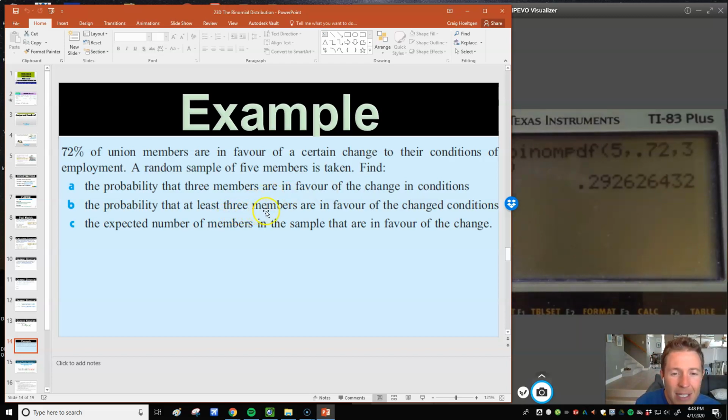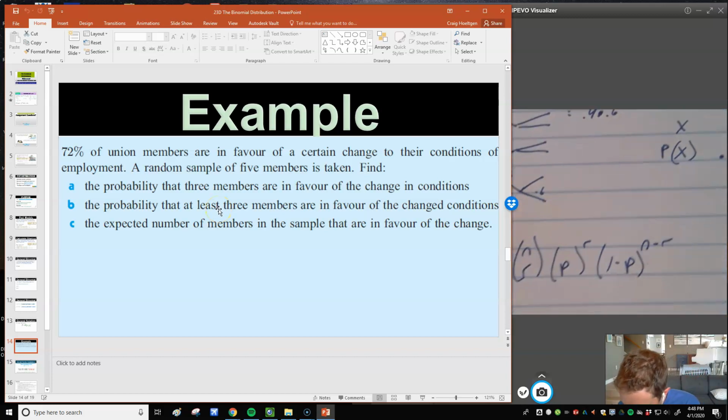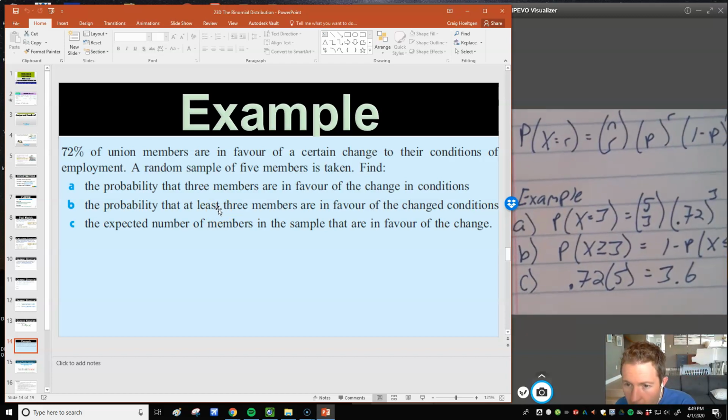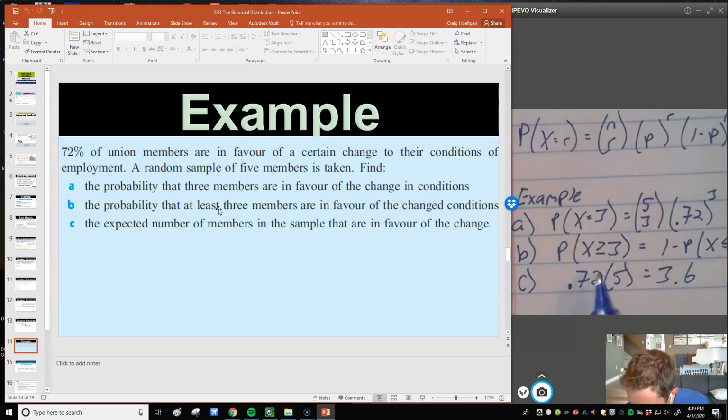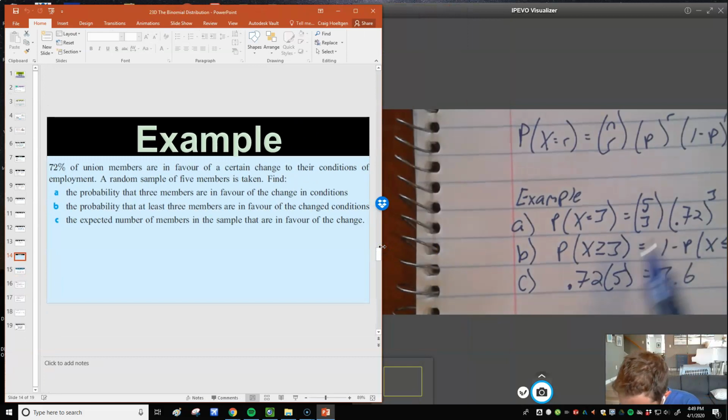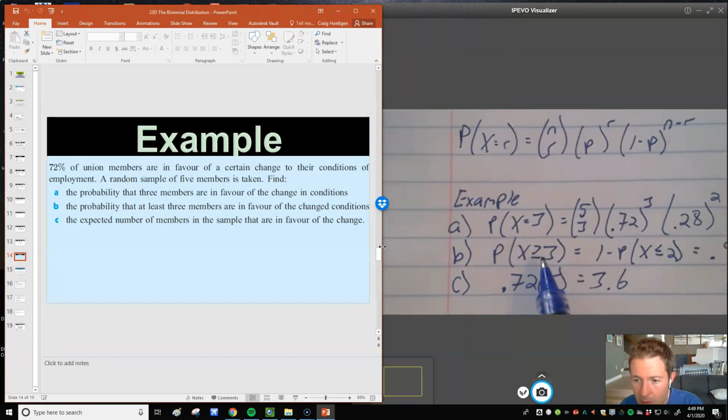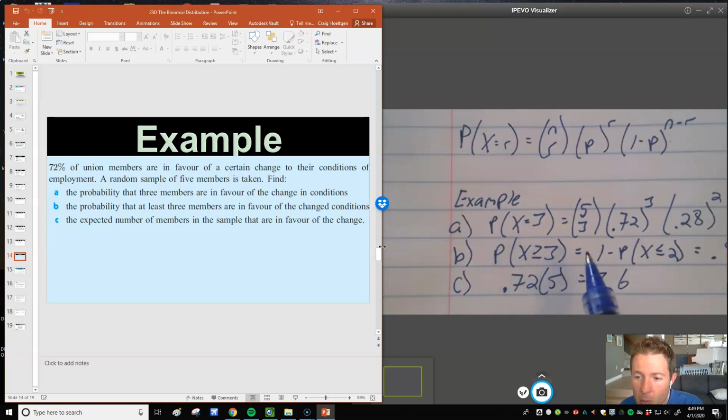Next, the probability that at least 3 members are in favor of it. So at least 3 means 5 is okay, 4 is okay, and 3 is okay. Let me show you something on the document camera here again. So here I'm looking at B. Probability x is greater than or equal to 3. Remember, your calculator is not built for greater than or equal to. Your calculator is built for less than or equal to. So I have to translate this. If I want to include 3, 4, and 5, I'm going to do 1 minus what I want to take away or exclude. I want to exclude 2, 1, 0.